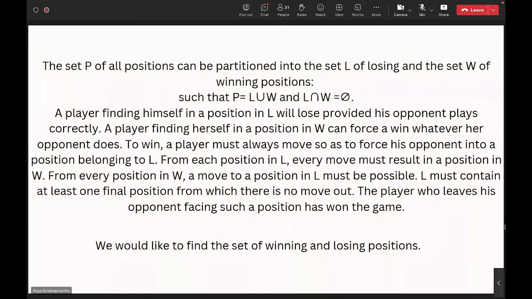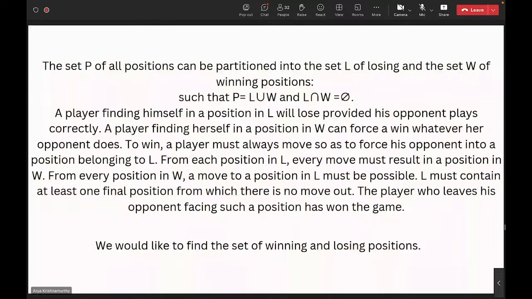From each position in L, every move must result in a position in the set of winning states. And again, from every position in the winning set, a move to a position in a losing state must be possible.